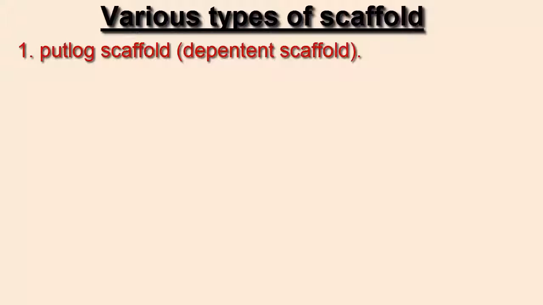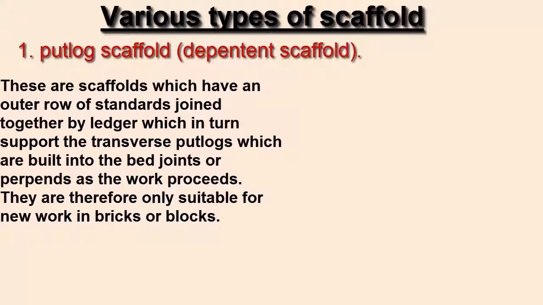What is dependent scaffold or put-log scaffold? A put-log scaffold, as the name implies, is called dependent. It is not standing on its own. It is supported by the wall.